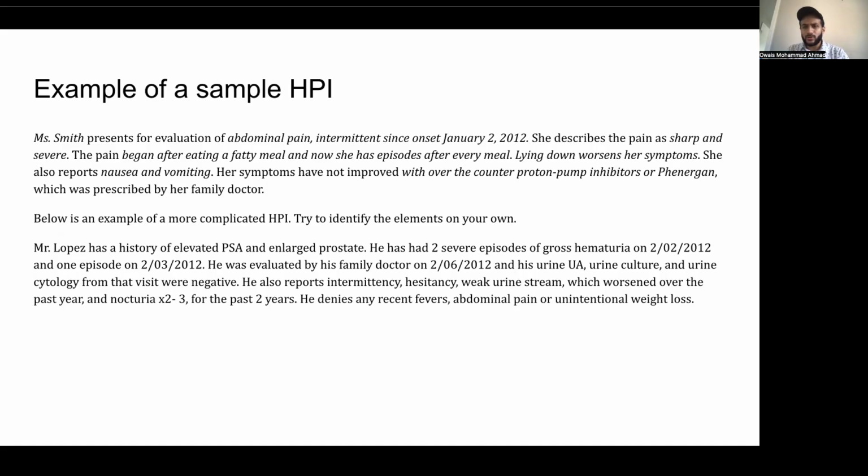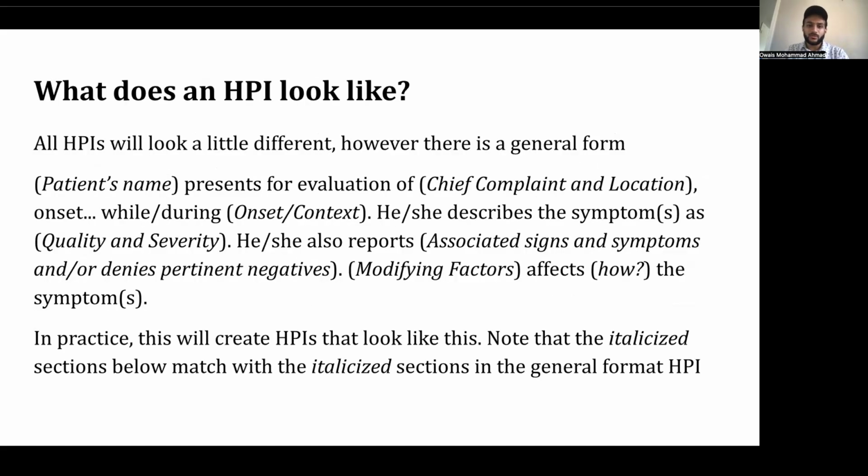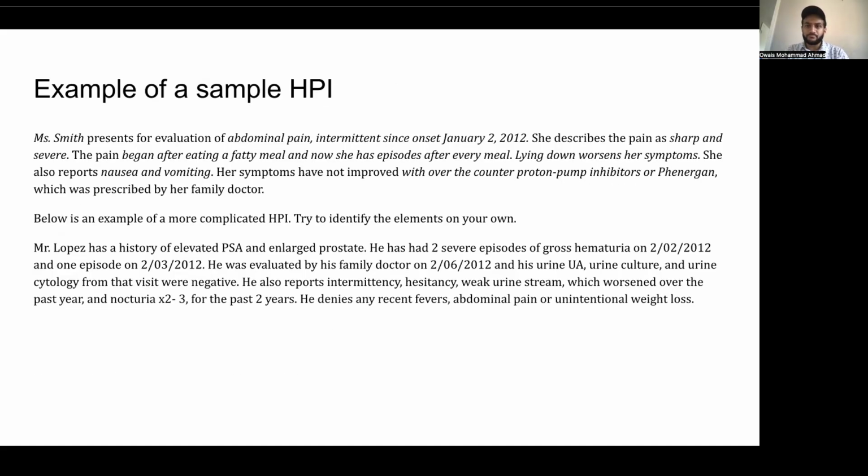Lying down worsens her symptoms. She reports nausea and vomiting. Her symptoms have not improved with proton pump inhibitors or Phenergan. So these are the modifying factors: it does not improve with proton pump inhibitors.